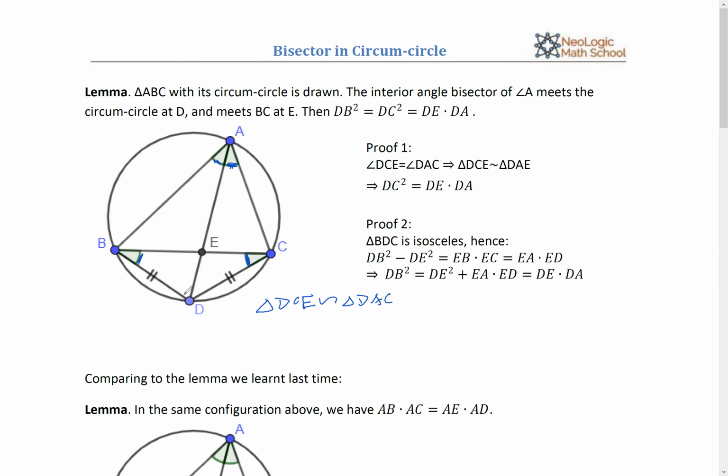And similarly, you have DB squared also equals DE times DA. Because first of all, DB equals DC, right? DBC is isosceles.